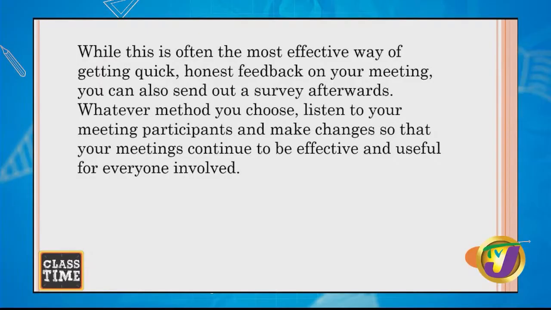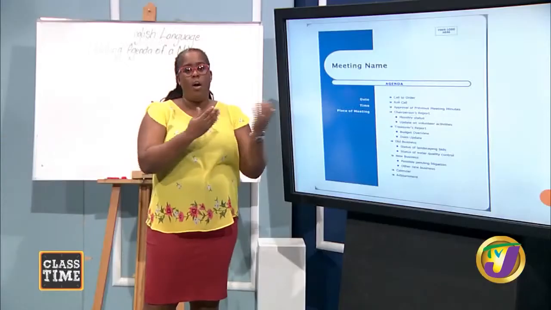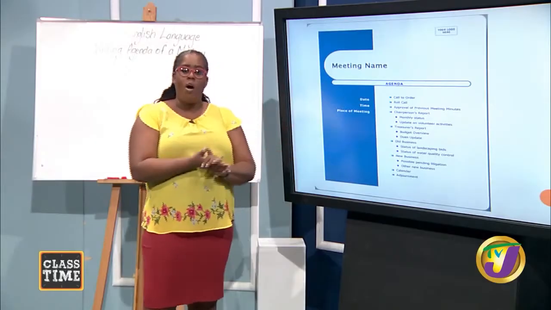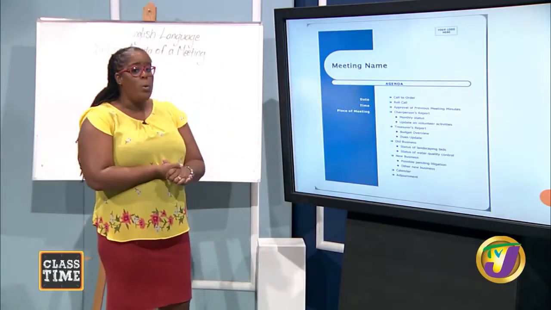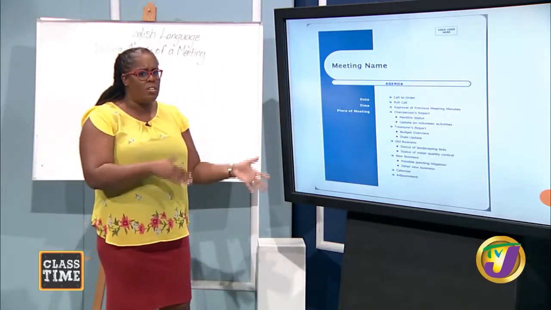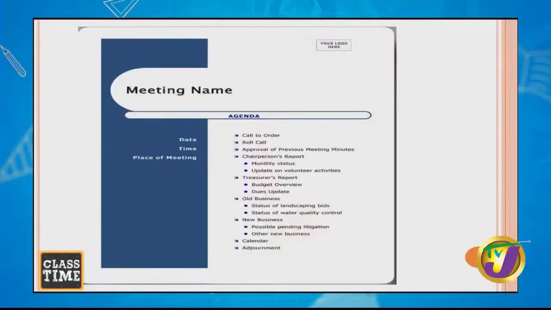All right. So now we're looking at an outline or a template of an agenda. When you look at it, what are some of the things that we have discussed that you see on the agenda? Are there any things here that are familiar to you based on what we have looked at so far? So we have the date, the time, place of the meeting, very, very important.